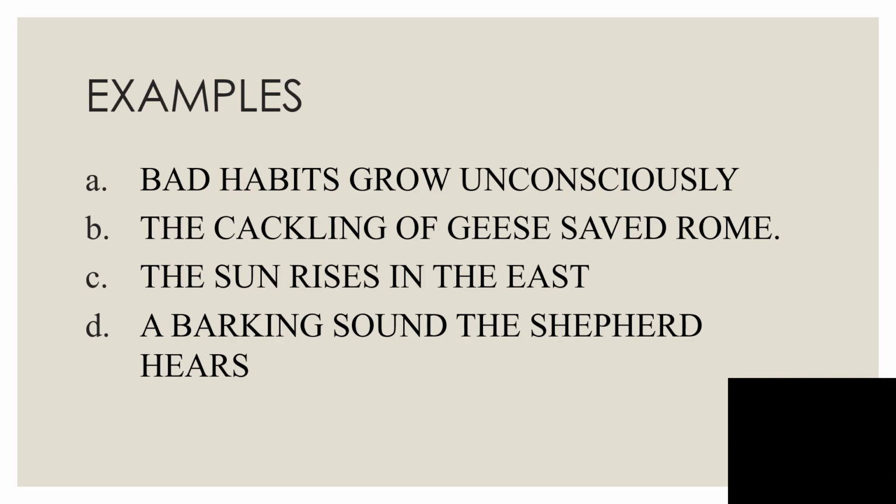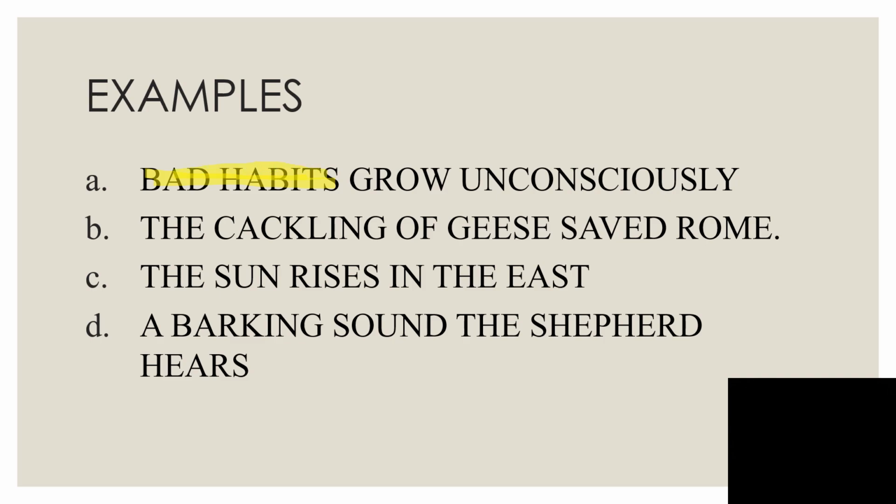So what is the subject? What are we talking about? We are talking about bad habits. So bad habits becomes the subject and the rest part will be the predicate.